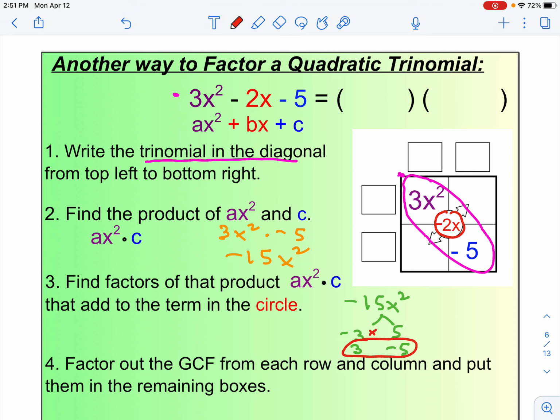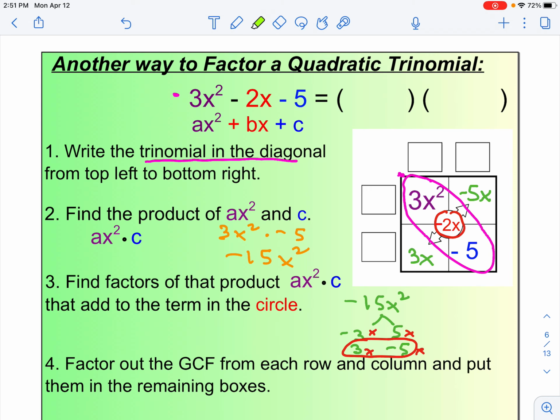So again, I could put the x's with that, which would give me 3x and negative 5x now. And those are the numbers that I'm going to write in the other two boxes. So I have 3x and I have negative 5x for the other two boxes. So the last thing I do is I factor out the GCF from each row and column.